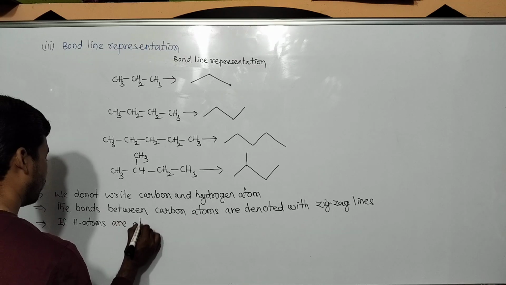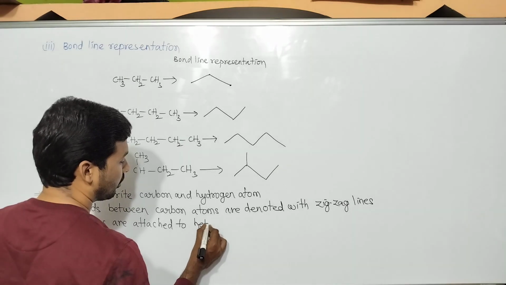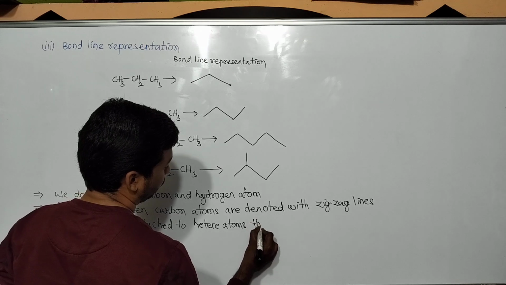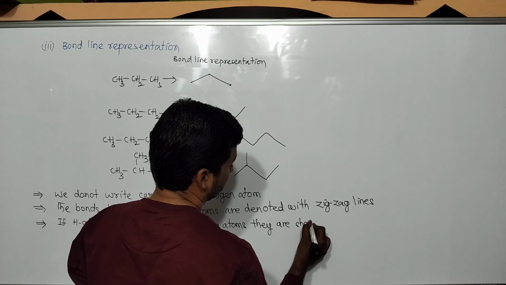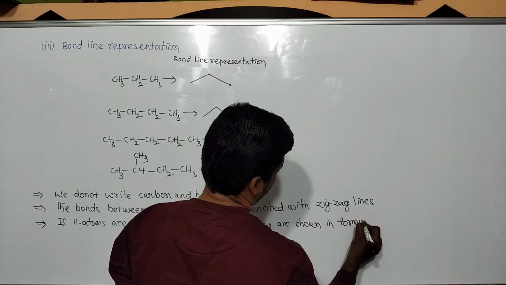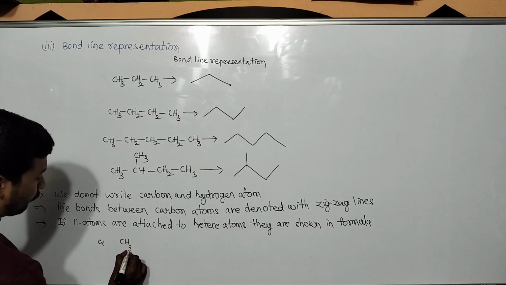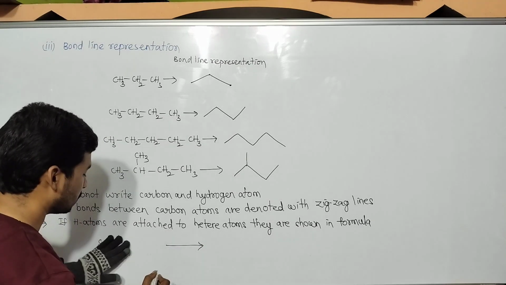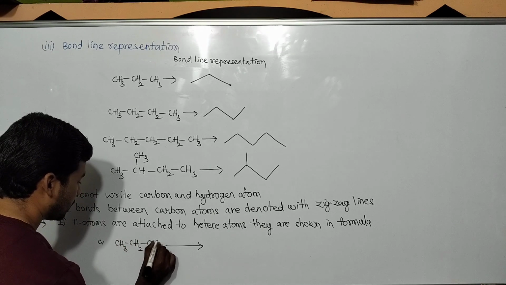Next, if hydrogen atoms are attached to a heteroatom, heteroatom meaning an atom other than carbon, they are shown in the formula. For example, ethyl alcohol: CH3 CH2 OH.